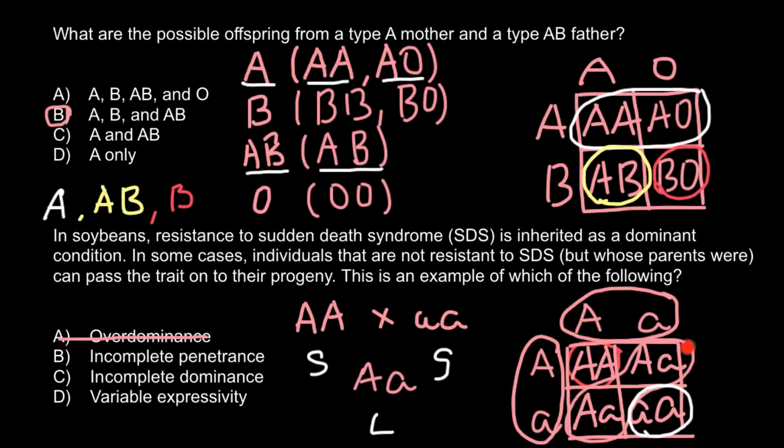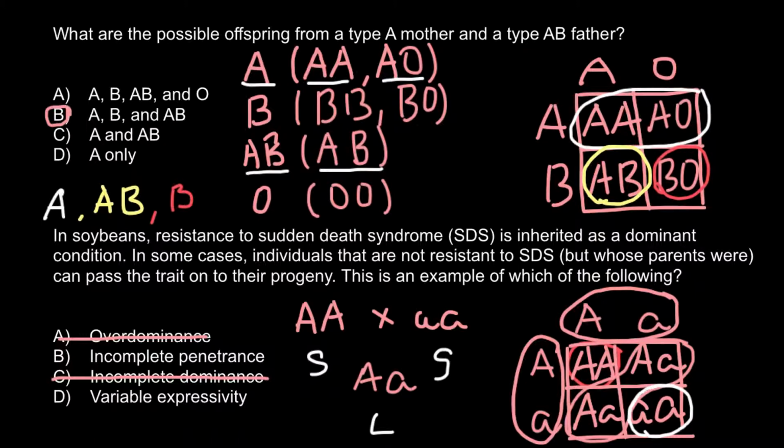But as you see here, the intermediate, that is capital A small a heterozygous genotype, would make intermediate color between red and white. So this would be an example of incomplete dominance, and this is not the correct answer.